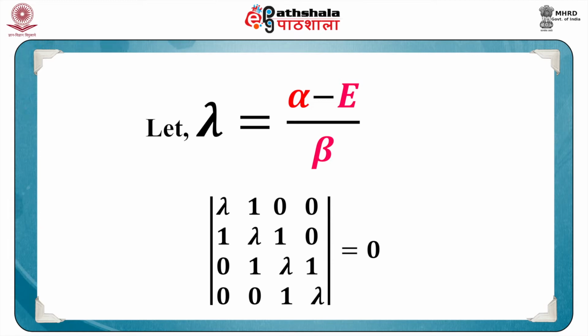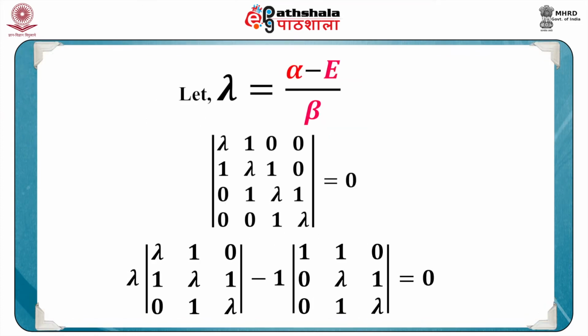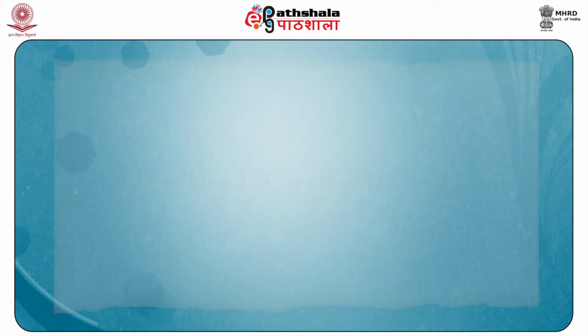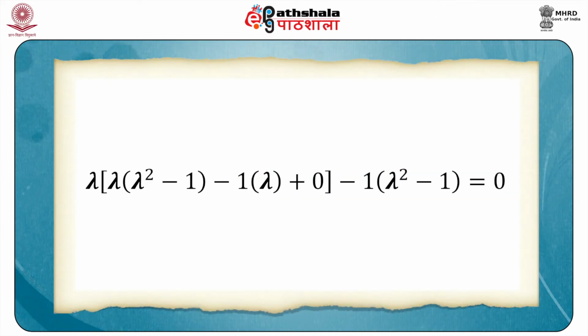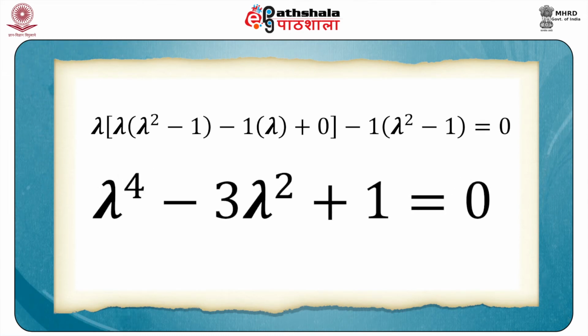This Hückel determinant, as we have seen, is quite simple, and this can be very easily expanded and then solved. After expansion we get, as you can see here, lambda to the power 4 minus 3 lambda square plus 1 is equal to 0.